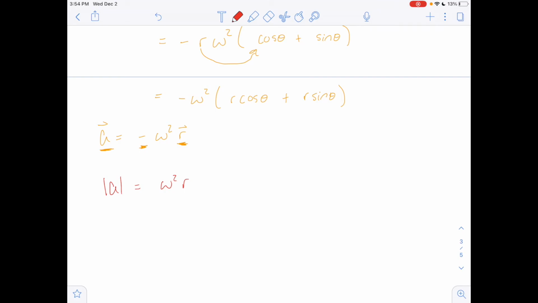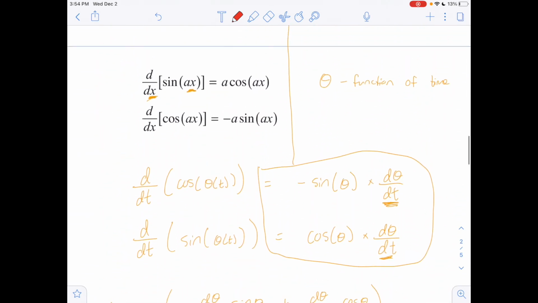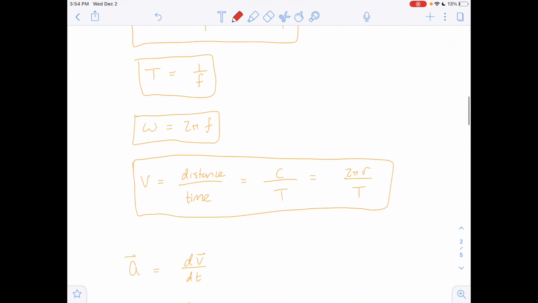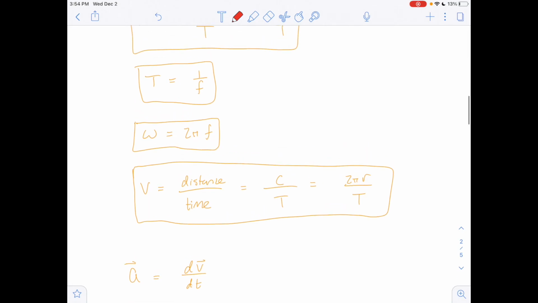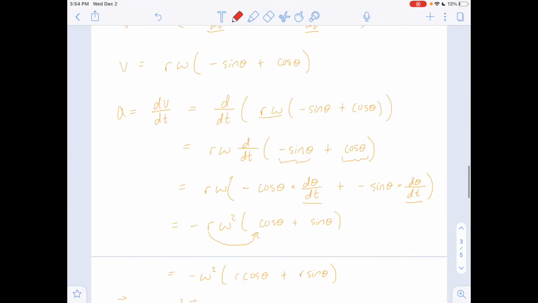All right, so a little bit more work here to do. We need to get rid of omega, and we found a few relationships earlier. First of all, omega is 2 pi over T. Let's write that down here below.